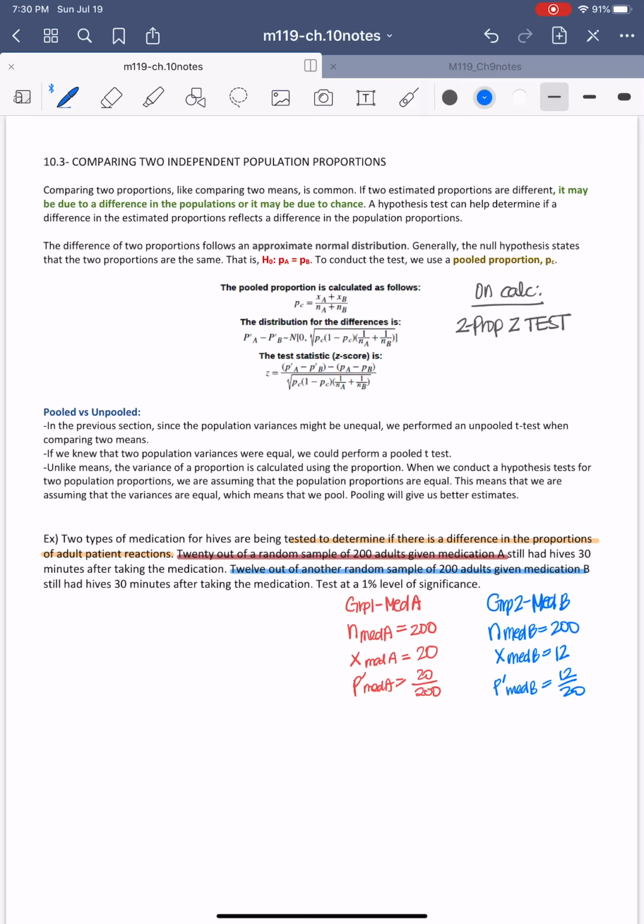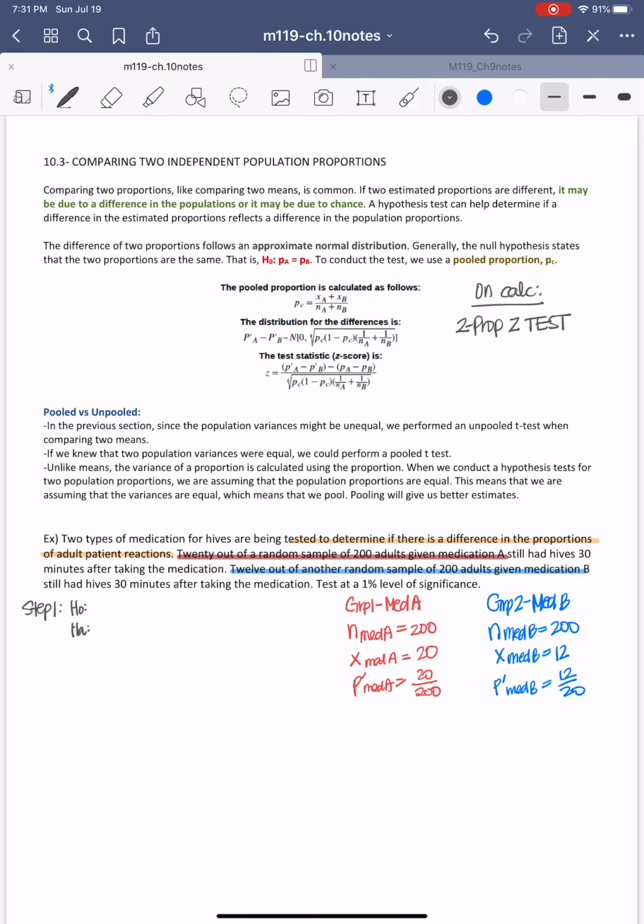All right, so we have our step 1 of hypothesis test, which is to decide null and alternative hypothesis. So what I highlighted in orange is your alternative hypothesis. We want to see if there's a difference in the proportion. So you see the word difference. I don't see the word greater than or less than.